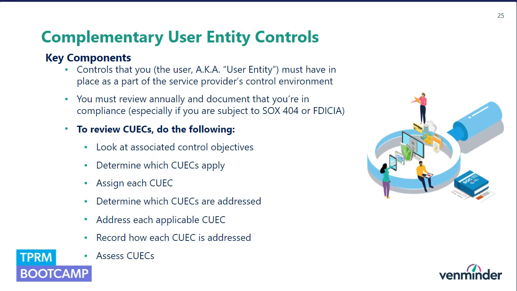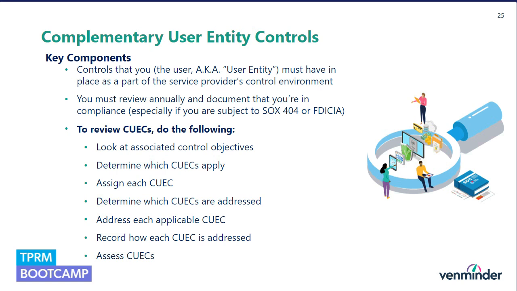You want to review the CUECs and their associated control objectives to ensure context. Determine which CUECs apply to you, because not all of them are going to apply, and you want to knock the ones out right away that don't apply. You want to assign each CUEC that does apply to a specific person, team, or role for responsibility. That allows for accountability.